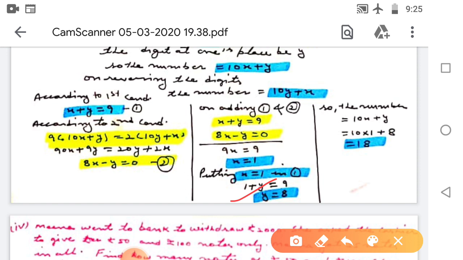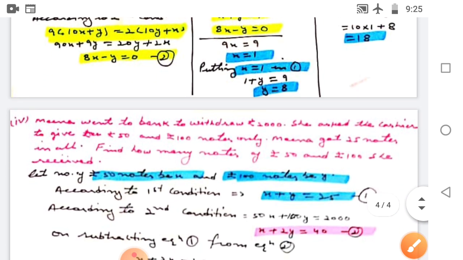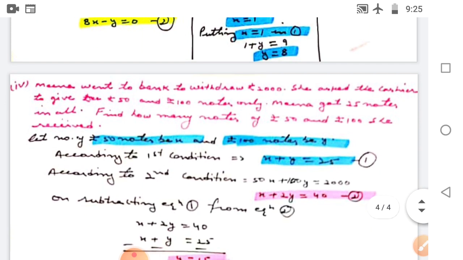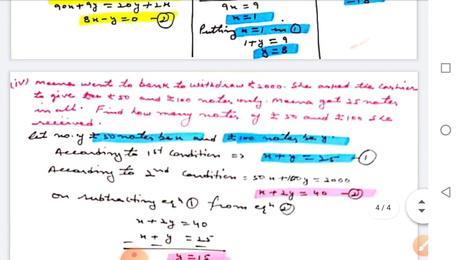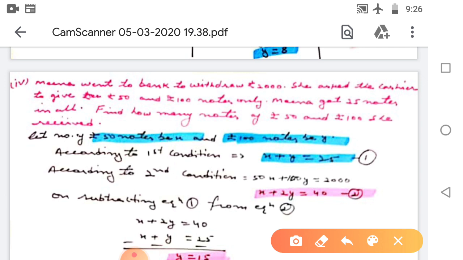The required number is 10x plus y, so 10 into 1 plus 8, that is 18. So the required number is 18. Now come to the fourth part of this question number 2.